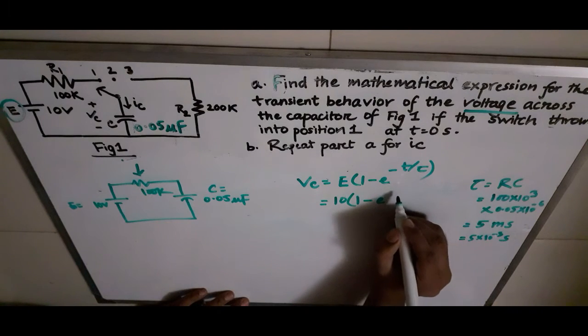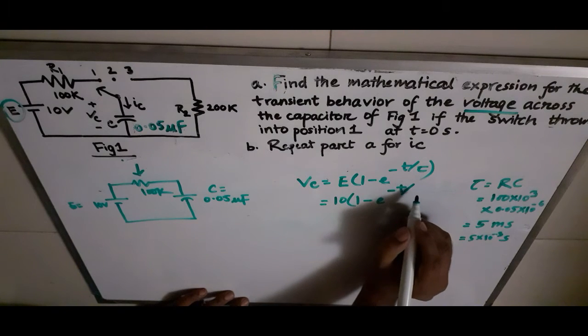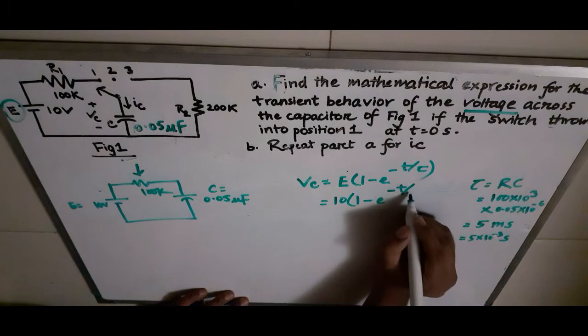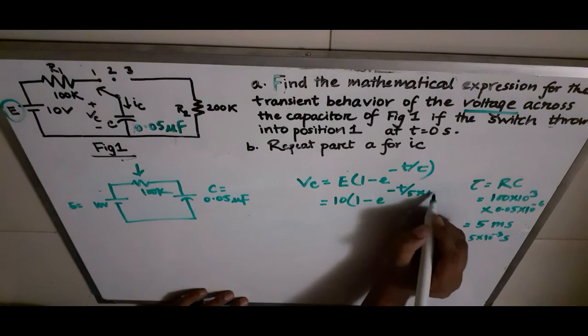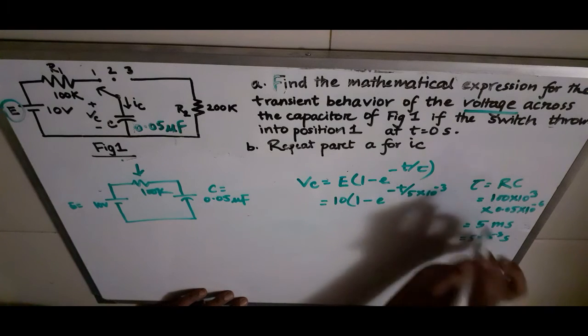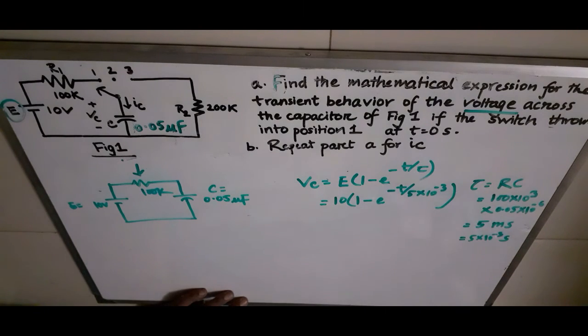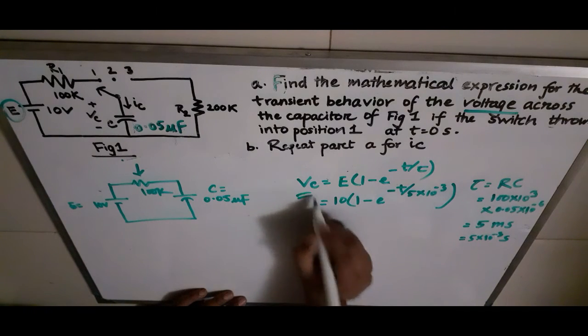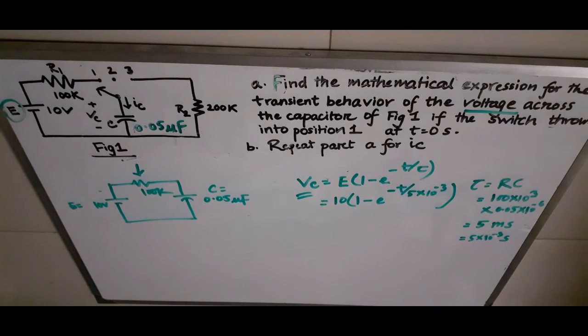We need to keep this as it is, so minus t over tau, which is 5 into 10 to the power minus 3, right? So this is actually the expression for this VC, right?